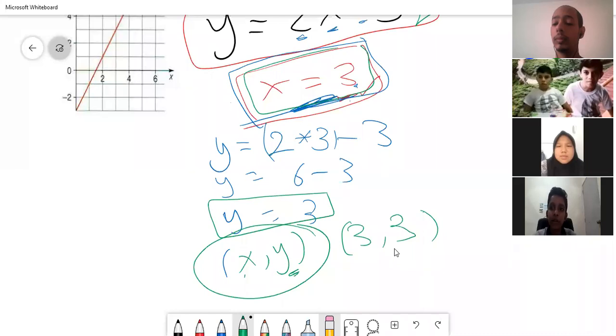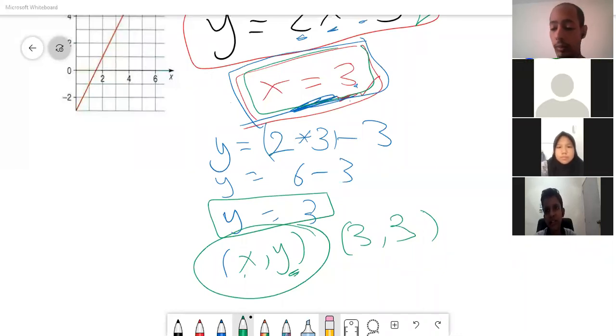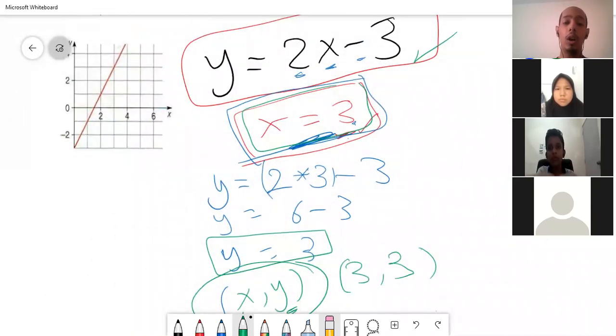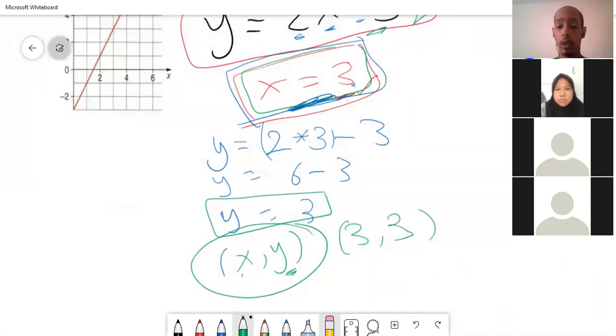They are points on the line. So if we put any value of x inside this function, we get a value of y. So the x value and y value from this are going to be points on this line.